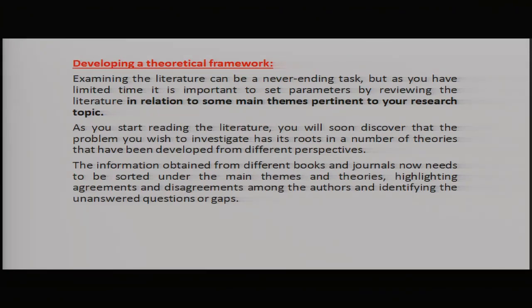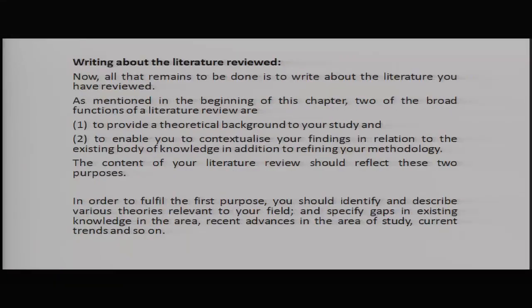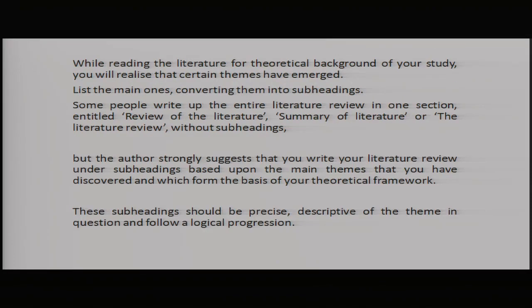Developing a theoretical framework, then again the things you are going to do in writing a literature review. This is very important. Now all that remains to be done is to write about the literature you have reviewed. It provides a theoretical background, it enables a contextual understanding, and how to write this is very important.